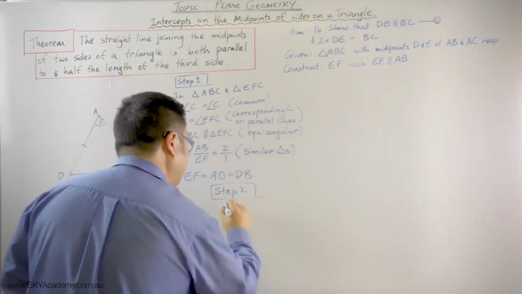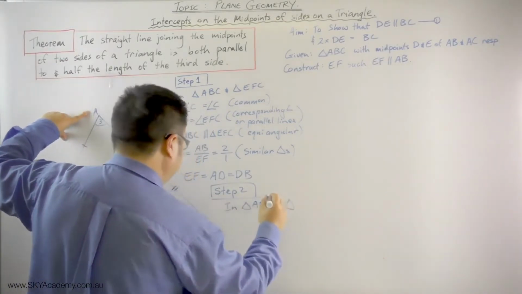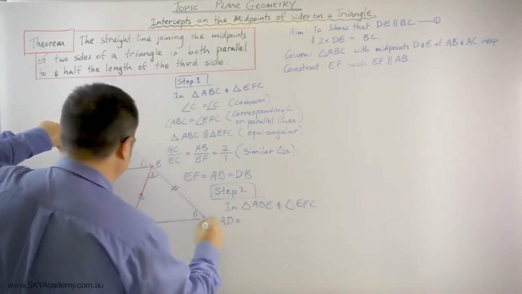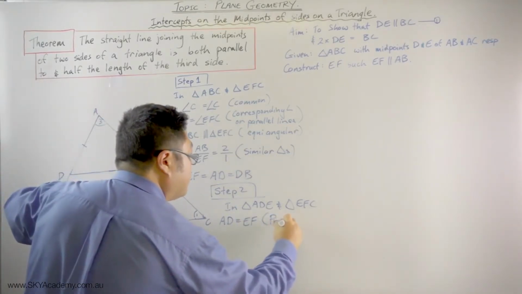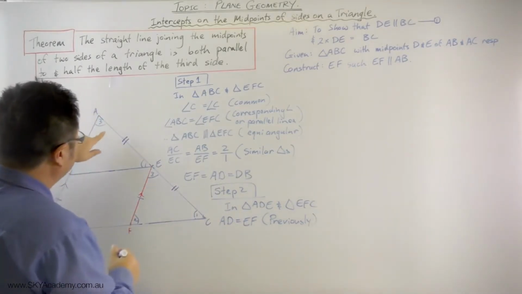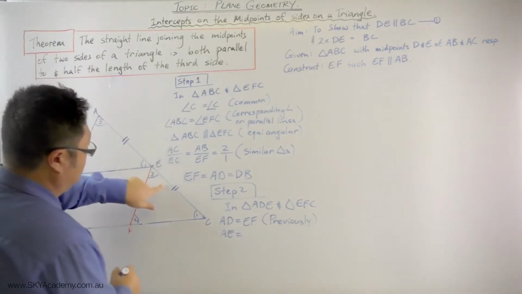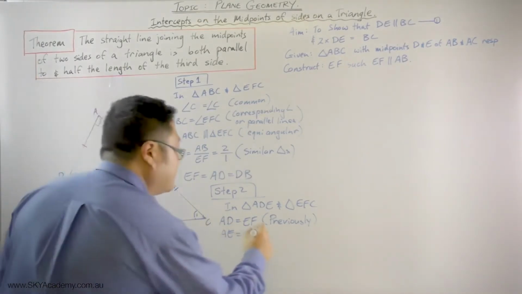is this. In triangles ADE and triangle EFC, AD is equal to EF, and the reason why is that we previously showed that. What else? We know that AE is equal to EC. Why are these two equal? Well, it's given in the question, right?